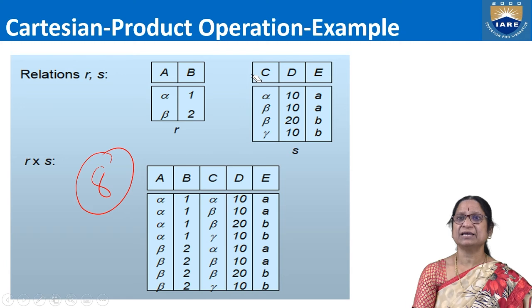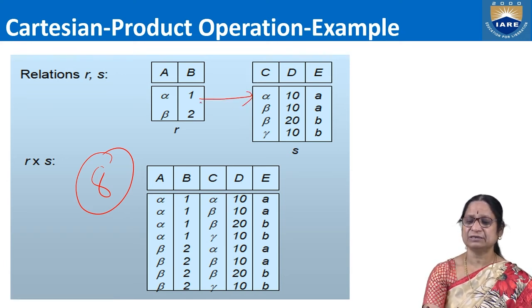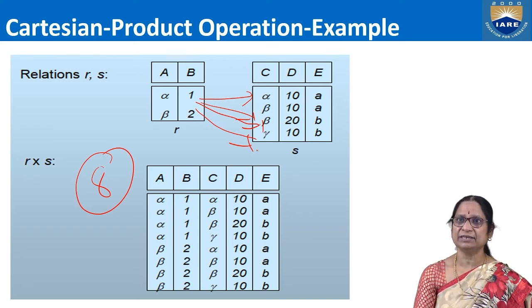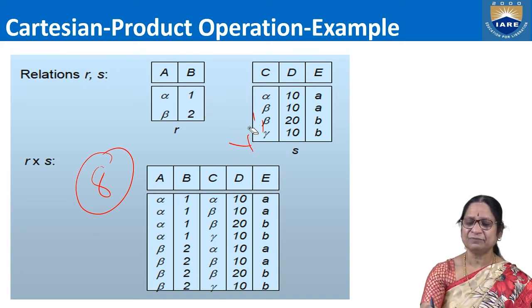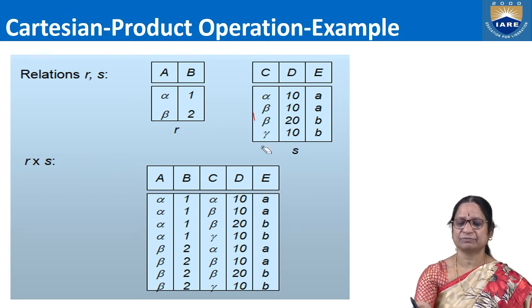Now you observe here alpha 1. Alpha 1 will be mapped with the first tuple, second tuple, third tuple, and fourth tuple also. That means I get alpha 1 with the first tuple, alpha 1 with the second, and so on. Similarly, the second tuple will also map with all tuples of the second relation.